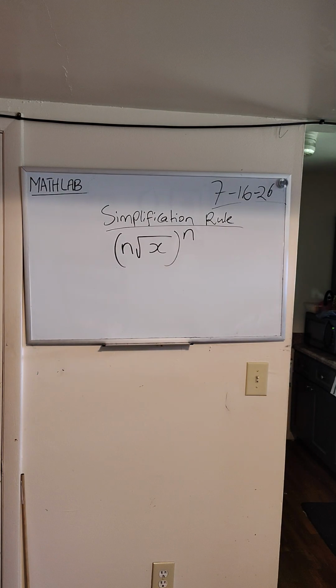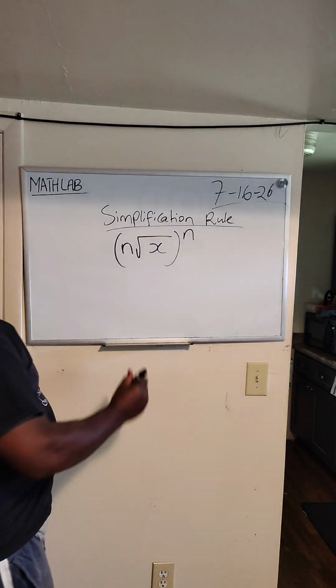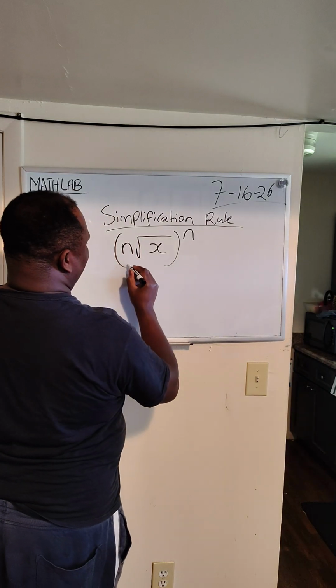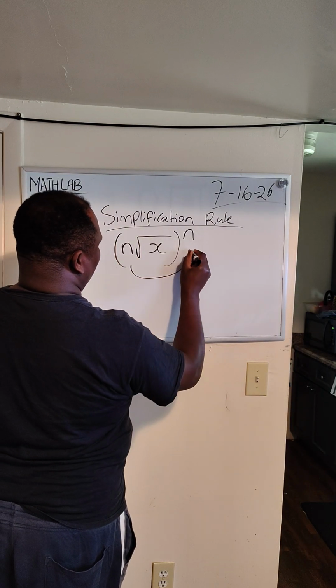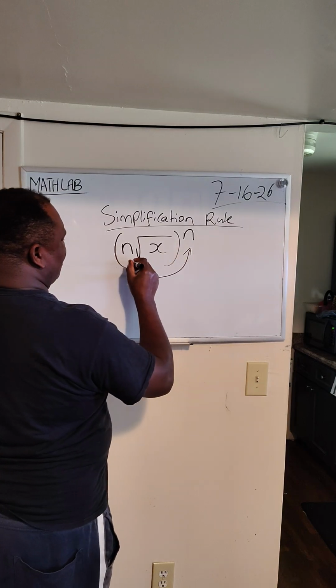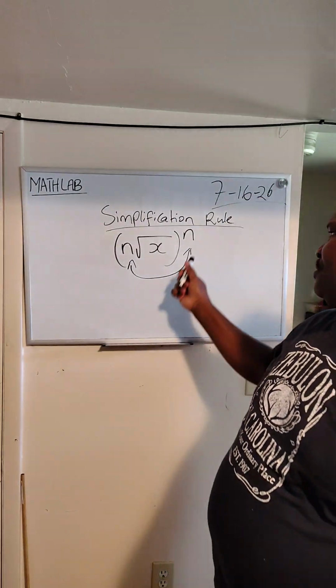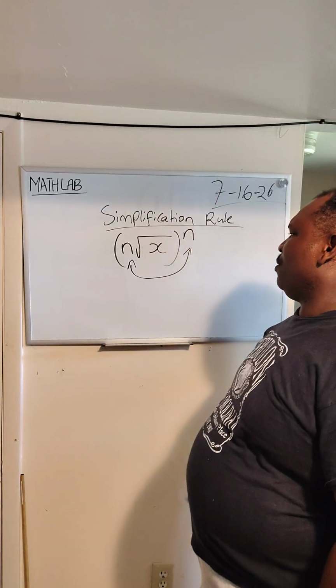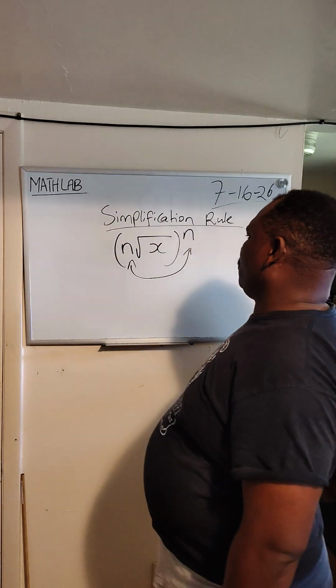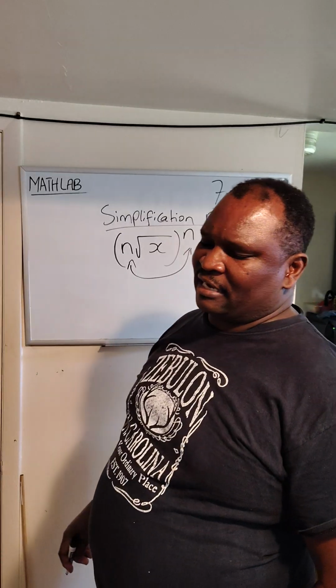So once we do that, we're going to look at what we find out. When we do this, this n would cancel with that n, and this n would cancel with this n. Remember why it is canceling?